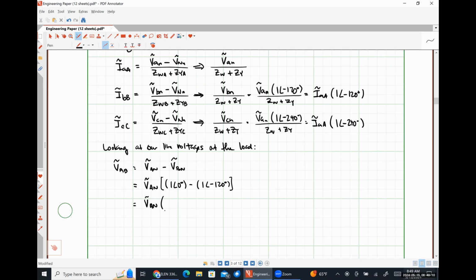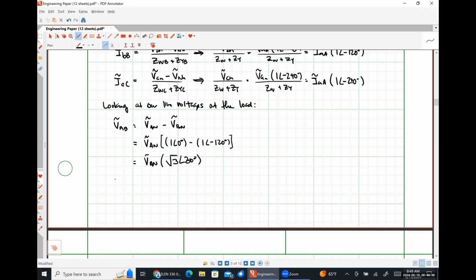Somebody tell me what 1 angle 0 minus 1 angle negative 120 is. Use your calculators. I don't expect you to know this off the top of your head yet. Square root of 3 angle 30 degrees. Thank you very much. That is absolutely correct.